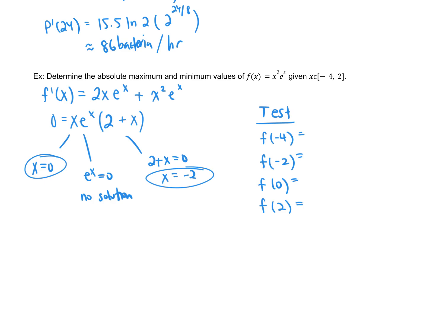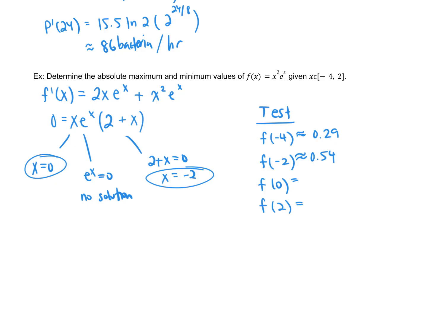So -4 to the power of 2 times e to the power of -4. And we get approximately 0.29. I'll do the same thing for -2. -2 squared times e to the -2. Approximately 0.54. So far, that would be winning as my max.